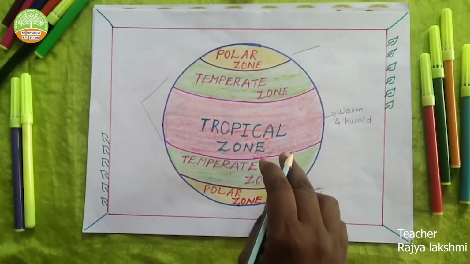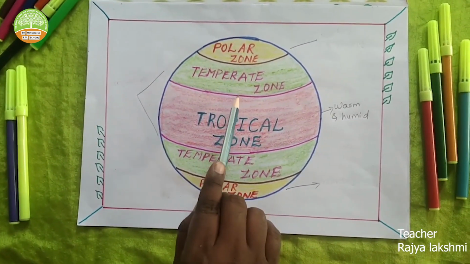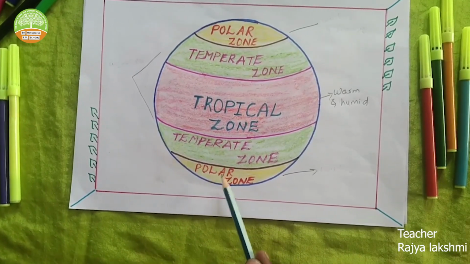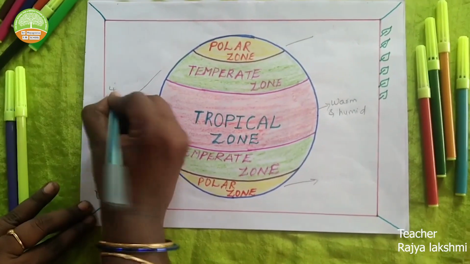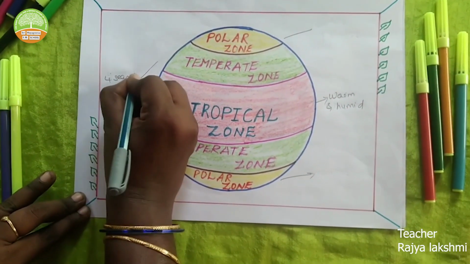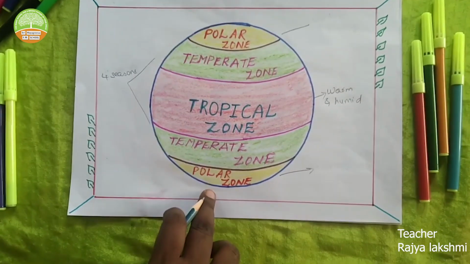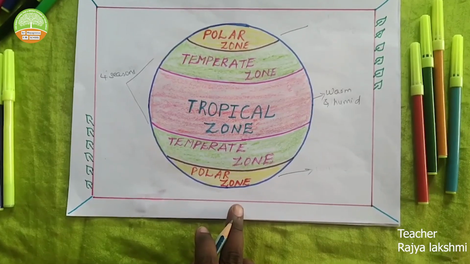Then the region between the tropical lines and the polar circles is called the temperate zone. There are two temperate zones. Here four seasons occur. At the polar circles, there are two polar zones: the northern polar zone and the south polar zone.